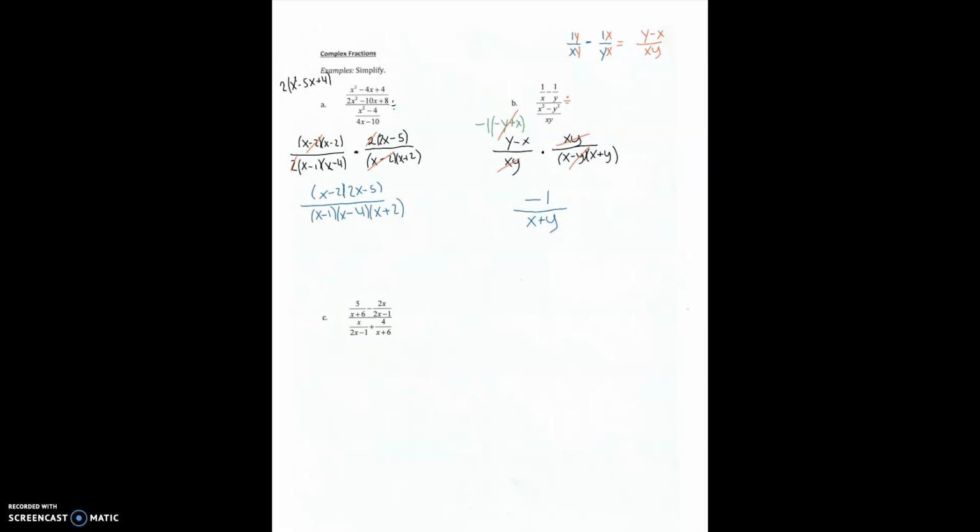And on to our last problem. This one here is a little bit more work because we don't have one single fraction in our numerator and denominator. So I'm going to first get a common denominator for the numerator here. So it's going to be x plus 6 times 2x minus 1. That's my least common multiple.